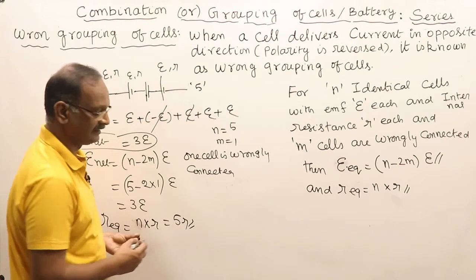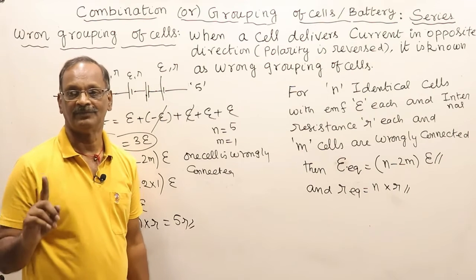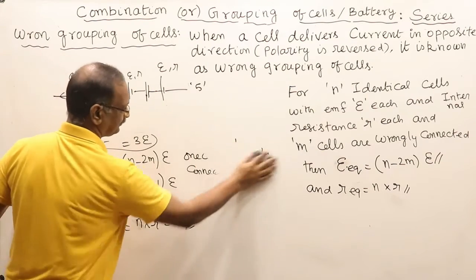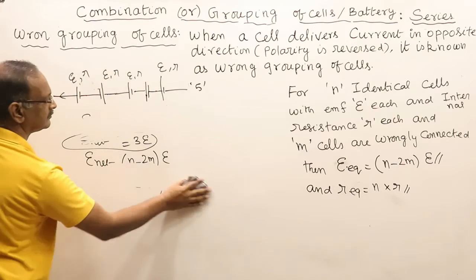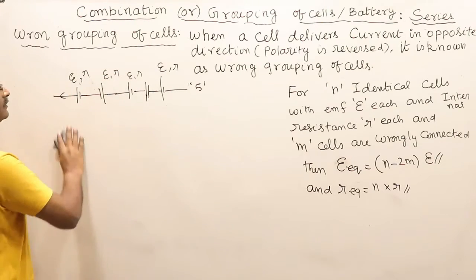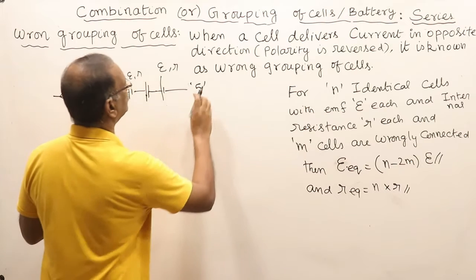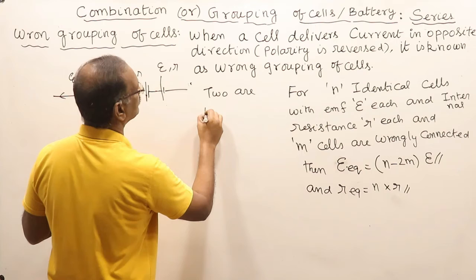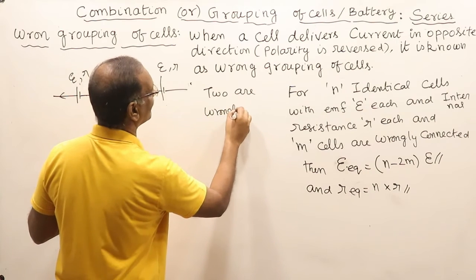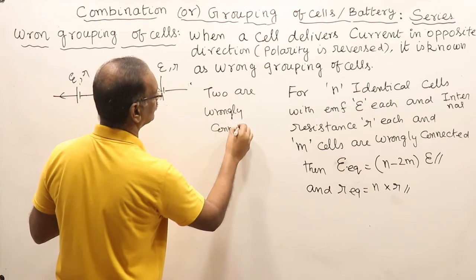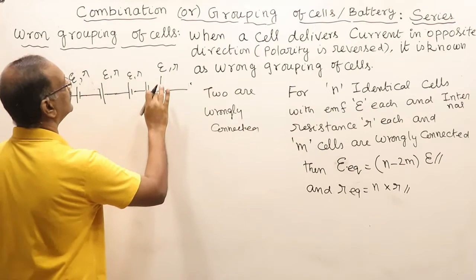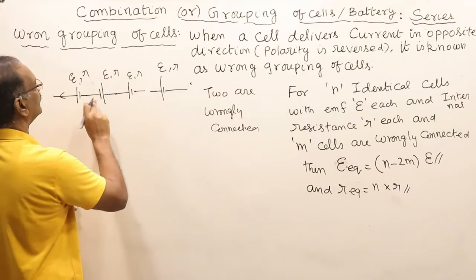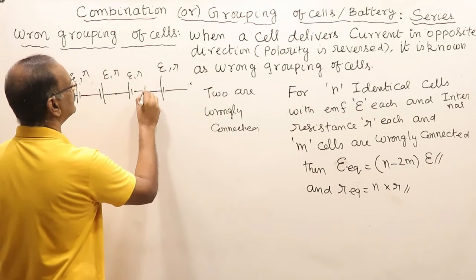Next, suppose we take an example where 2 cells out of 5 are wrongly connected. We can take any 2, not necessarily this one, only the polarities are reversed, nothing else.